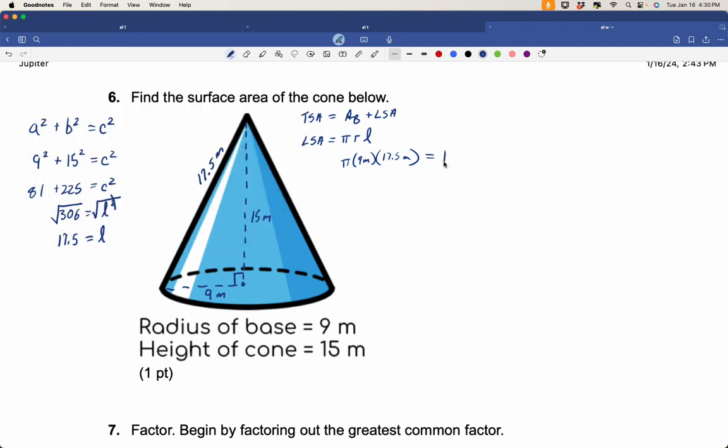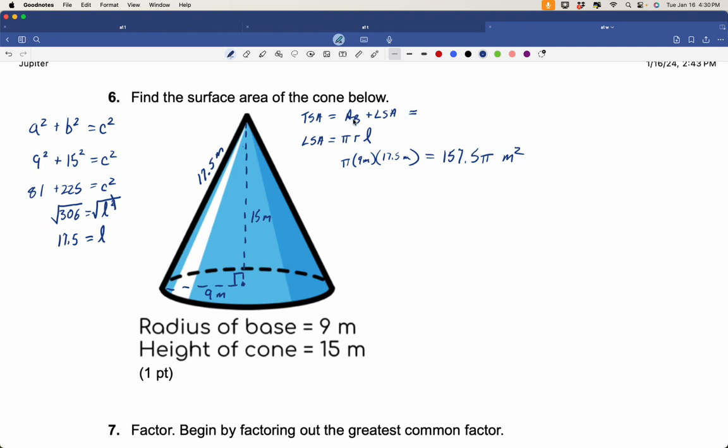So 157.5 times pi meters squared. That is the lateral surface area. Okay, so that goes in here in this calculation.